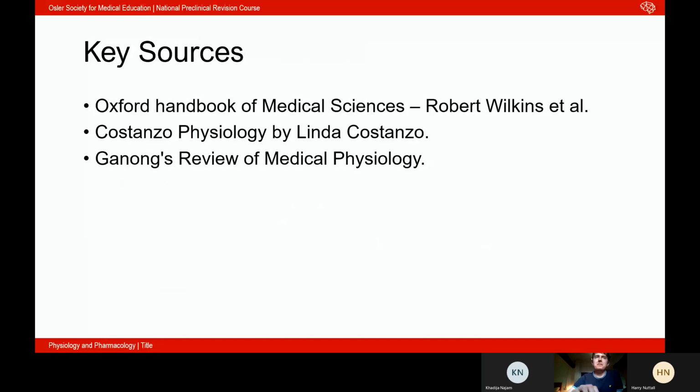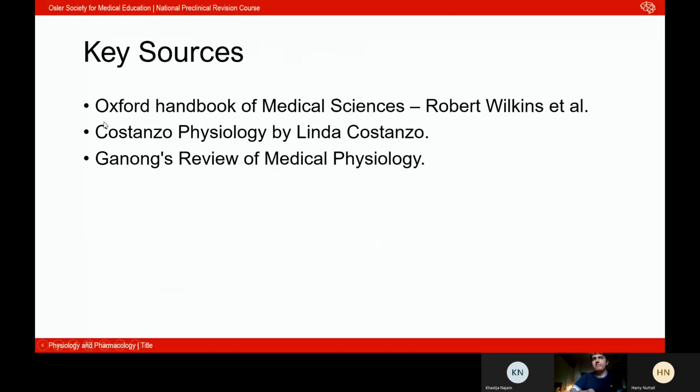Okay, so I just wanted to point out some key sources that I used to generate this lecture, because they're three very useful textbooks for all of revision, especially for physiology. And they're the Oxford Handbook of Medical Sciences, which is a med student's Bible, and so I'm sure many of you will have come across it, but it's perfect. It's actually based on the first year course here at Oxford, so it's perfect for revision.